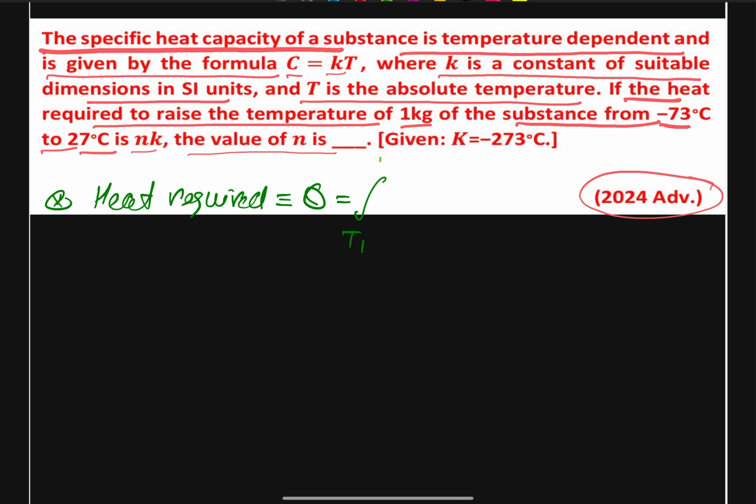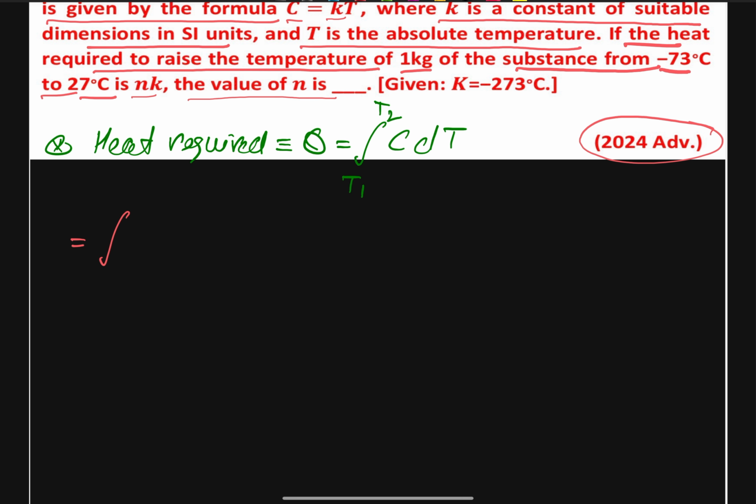C is given as K times T, and T1 and T2 we already know, and these are in absolute, so we can say that T1 will be equal to minus 73 plus 273, giving us 200 Kelvin, and T2 will be equal to 27 plus 273, giving us 300 Kelvin. So we can write the limits as 200 to 300.